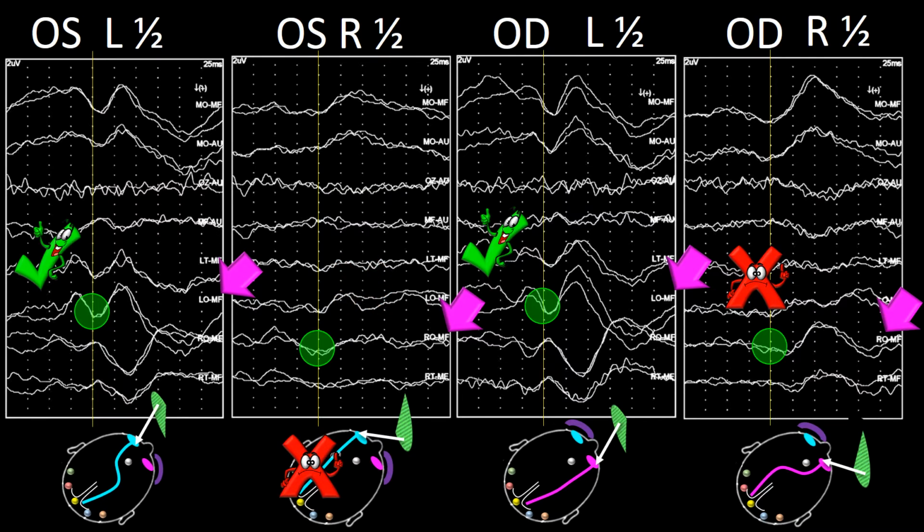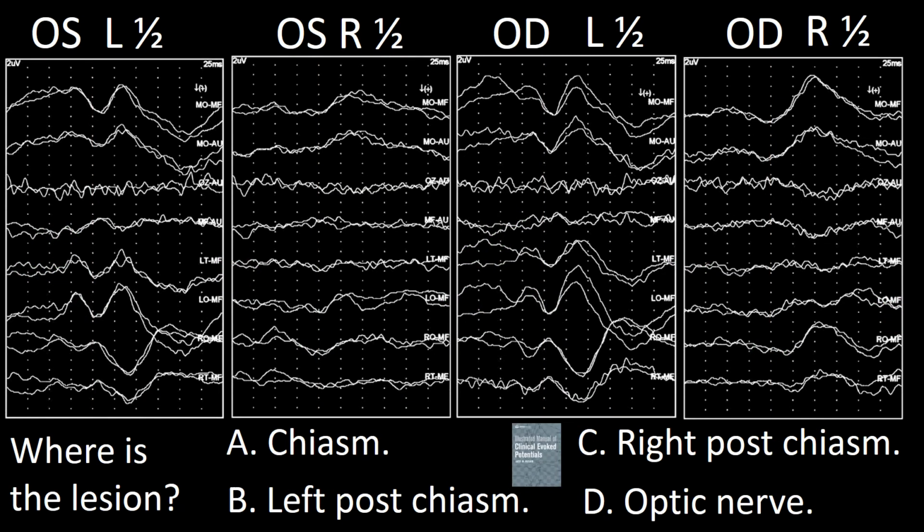So no waves are generated from the left eye temporal retina, and no waves are generated from the right eye nasal retina. So now when we look at this question, we can answer it. So the right answer to this question is B.